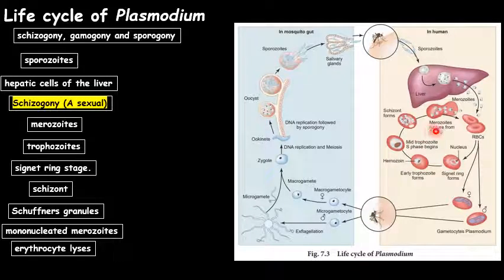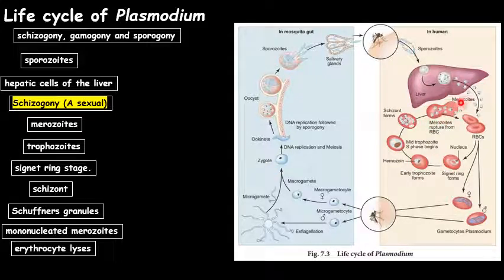So these merozoites, as I told you, once grown and multiplied into multiple trophozoites, slowly change into merozoites, and finally it reaches a stage where the red blood cell will rupture.